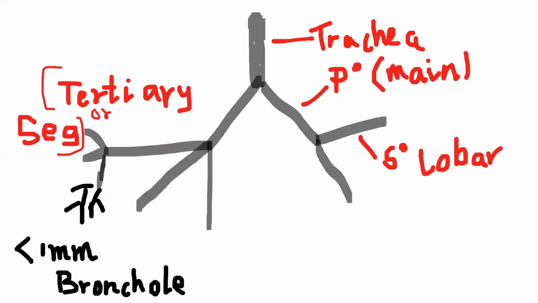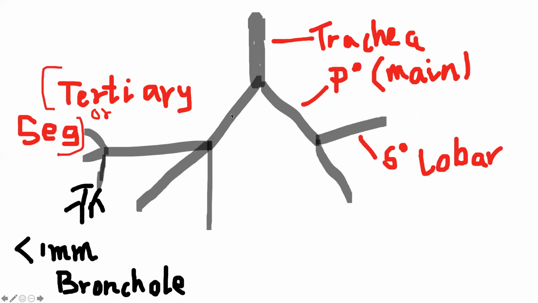So this is a very simple diagram, which shows our trachea divided into right and left main or primary bronchus. They go into the left lung and the right lung. Once they get into the lungs, as we remember, on the right lung we have 3 lobes and on the left lung we have 2 lobes.